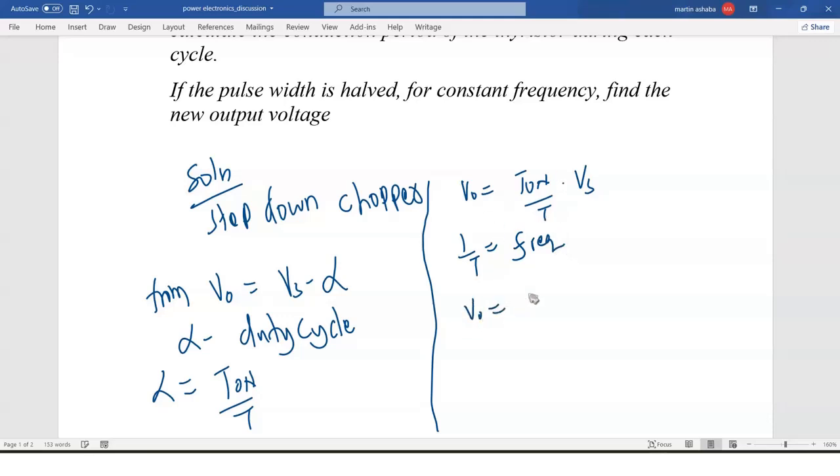So V naught will therefore equal T on times frequency times Vs.